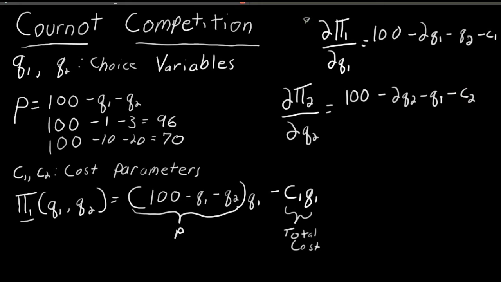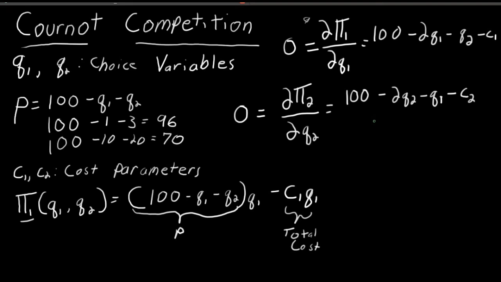If player 1 were to know the quantity that player 2 were to choose, he would simply be able to solve this equation, set it equal to 0, solve for Q1, and find the quantity that maximizes his profits. You can make the same argument for player 2. If player 2 knew what player 1's quantity was going to be, he could again set this equation equal to 0 and solve for Q2.